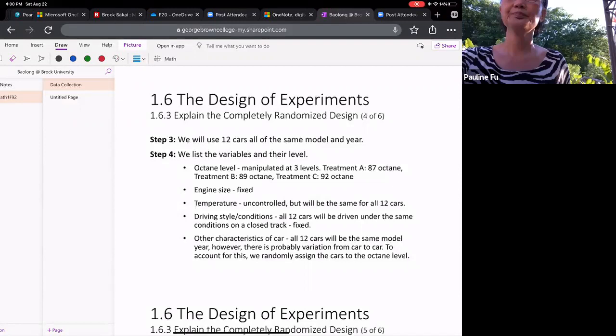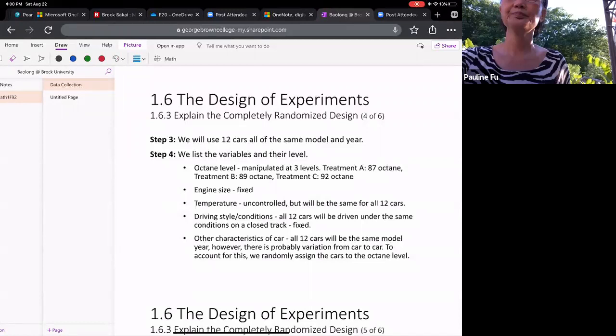Again, temperature, we assume they have the same temperature. Driving style and conditions, we assume they're all under the same conditions. Other characteristics of the car, all 12 cars will be the same model year.